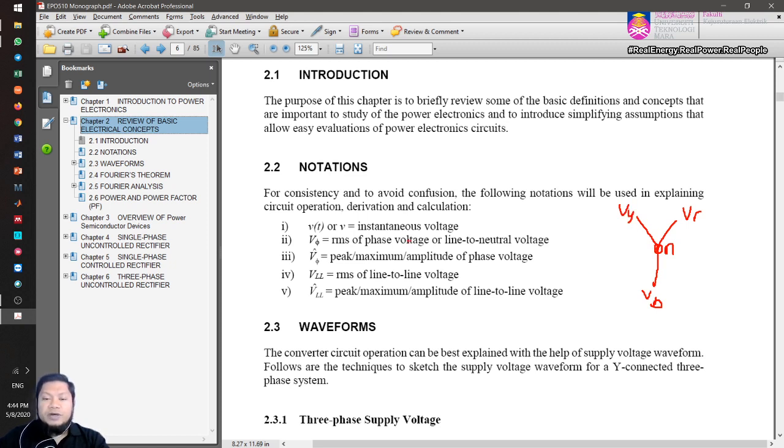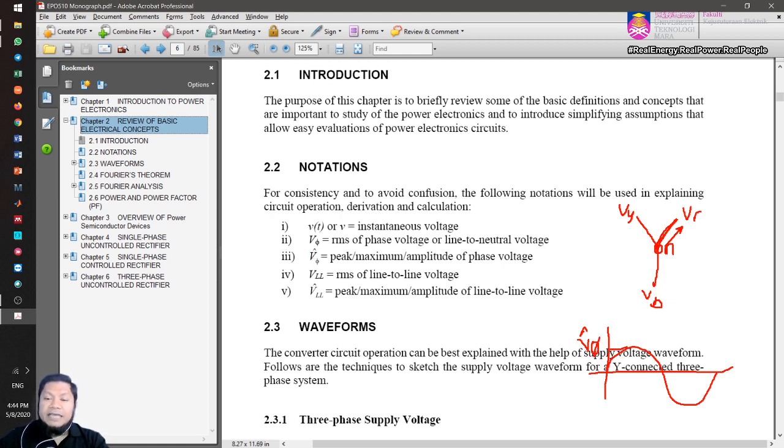When we talk about phase voltage, it is the line-to-neutral voltage. We also have the peak value, which is the amplitude of your phase waveform voltage.